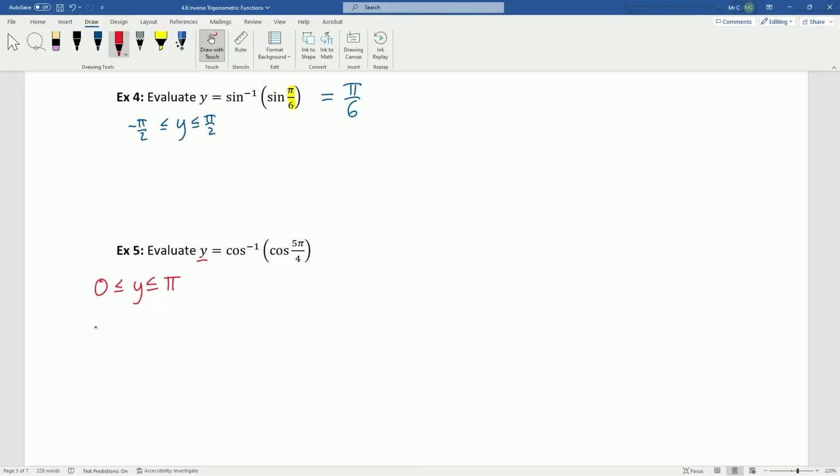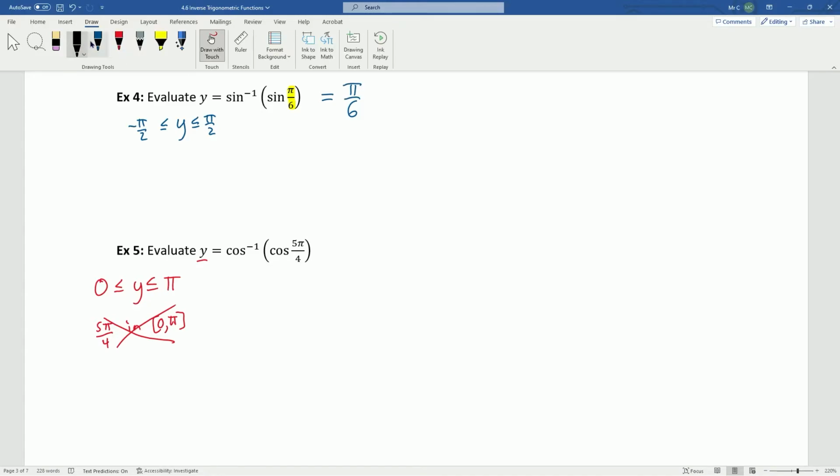And I have to ask myself, is 5 pi over 4 in this interval from 0 to pi? No. So I can't output 5 pi over 4. That can't be the answer because cosine inverse can't spit out that number. Cosine inverse can only spit out numbers between 0 and pi. So, well, what do we do then?